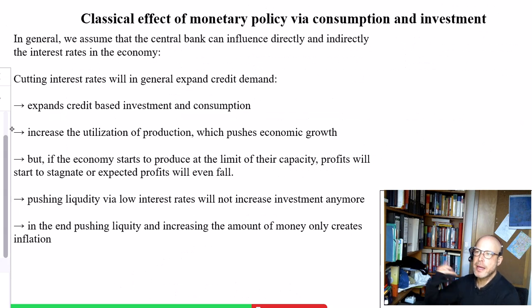But before we come to this, let's just think of how a change in interest rate is feeding through our economy. So again, we can think of the central bank cutting interest rates. What does this mean? A drop in interest rates makes credit cheaper. Think again of it: the interest rate is, so to speak, the price of the credit.